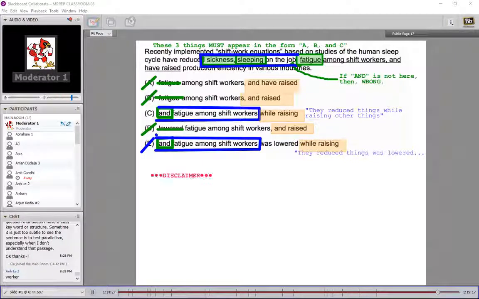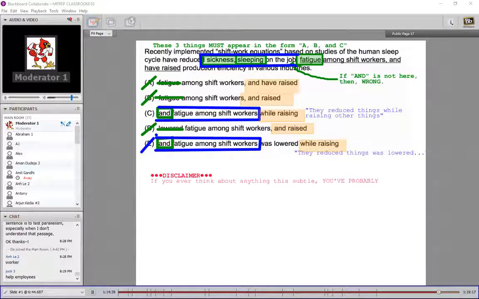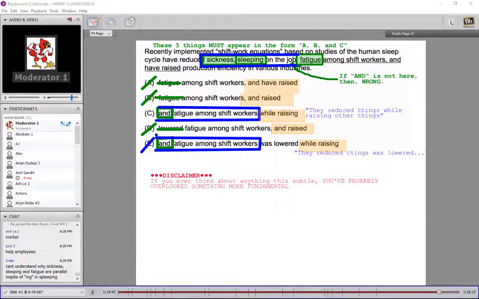But disclaimer: if you are ever thinking about anything this subtle, you probably overlooked something that is much less subtle. But nonetheless, we can talk about it for like 45 seconds. Anything below this line, you're not going to need for these problems, but let me just tell you what's happening there anyway.